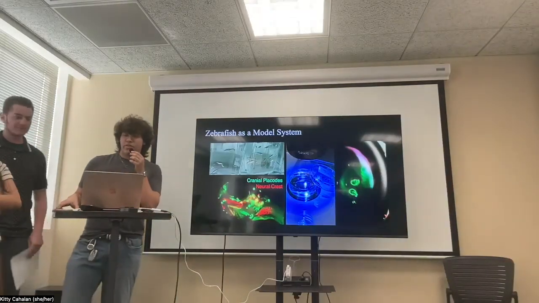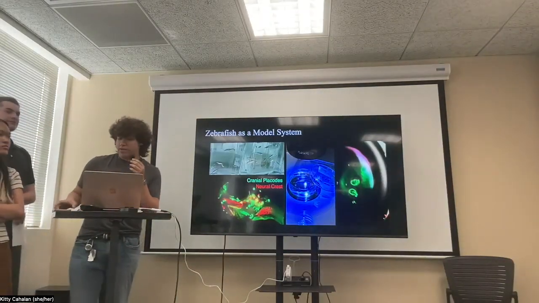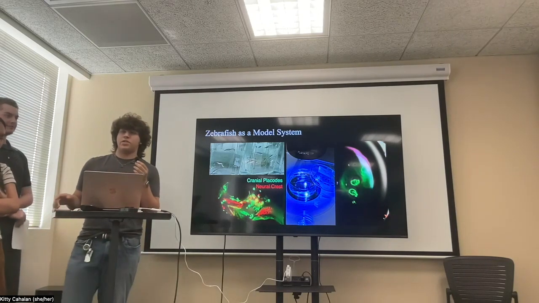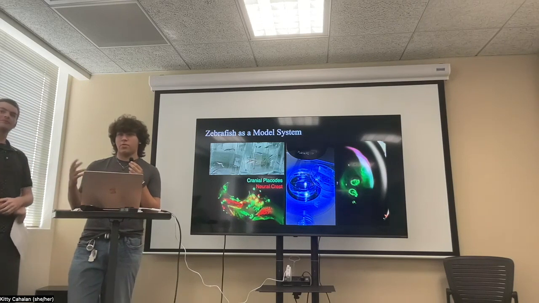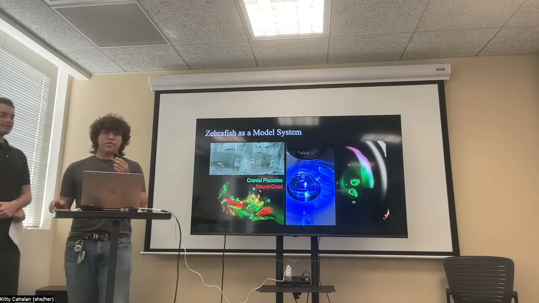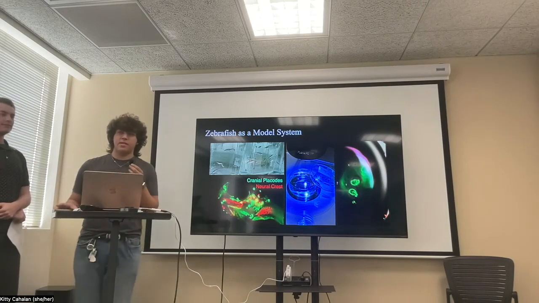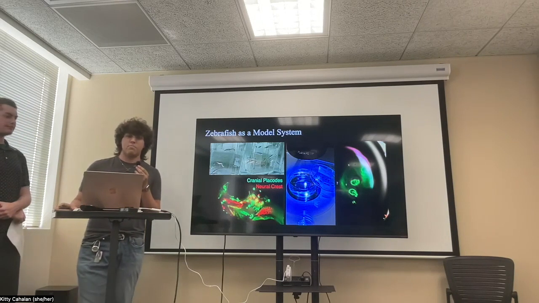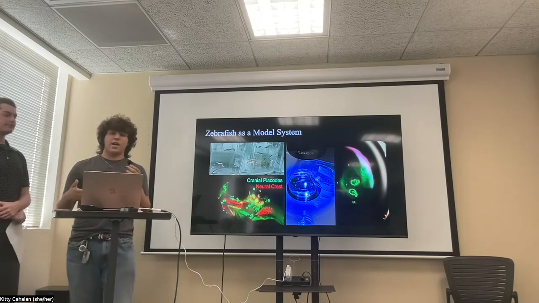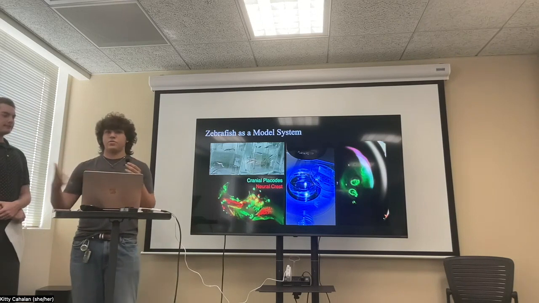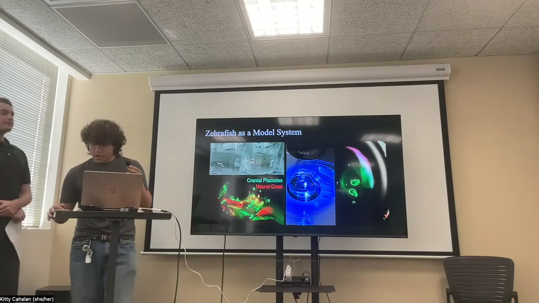We used zebrafish as a model system for our experiments, and zebrafish are the ideal model system for these kinds of experiments for a multitude of reasons. The first being that they develop rapidly and in large groups, which makes them ideal for sampling and experiments. Also, if things go wrong in the experiment or they die, they can be easily replaced by other zebrafish.